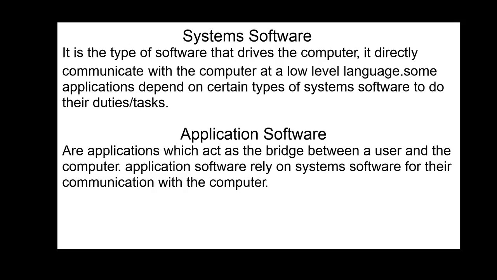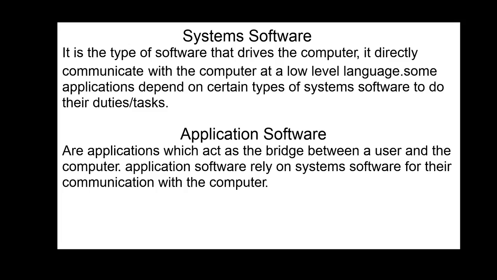So the software part of the computer is basically composed of two types of software: the system software and the application software. So what's the difference between these two? The system software are the set of instructions for the computer to execute, but system software basically communicate with the computer directly.